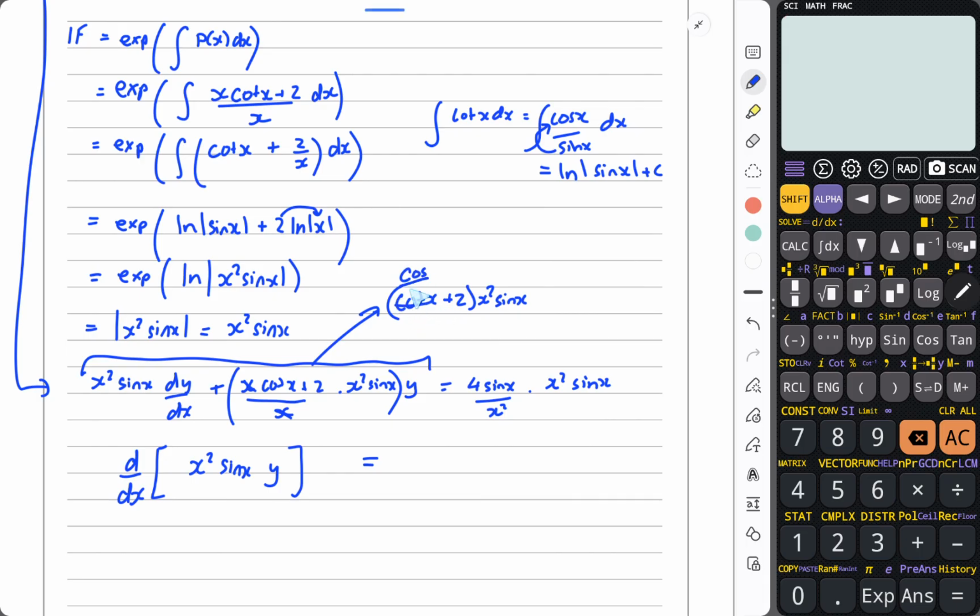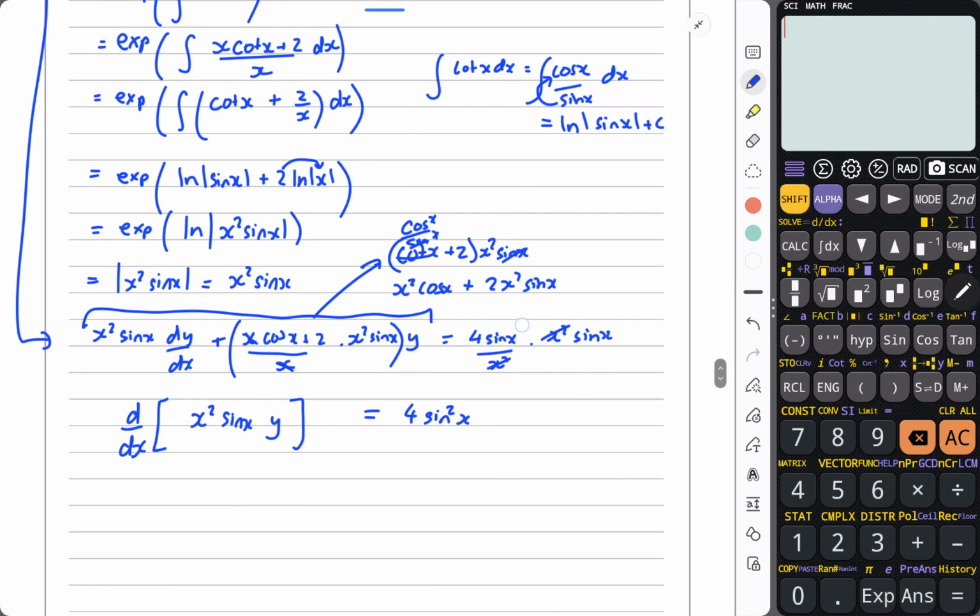So that's going to give me x squared cos x, and then the sine x will cancel, plus 2x squared sine x, which is exactly what happens when you differentiate that. Sounds good. Well, wasting a bit of my time there checking. And then x squared is going to cancel, so I'm left with equal to 4 sine squared x.